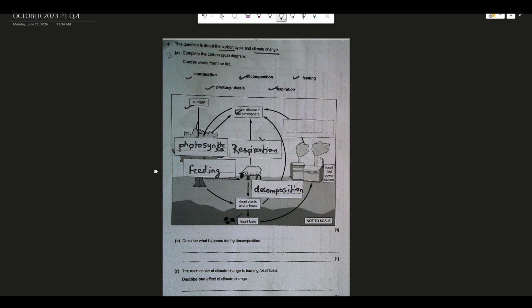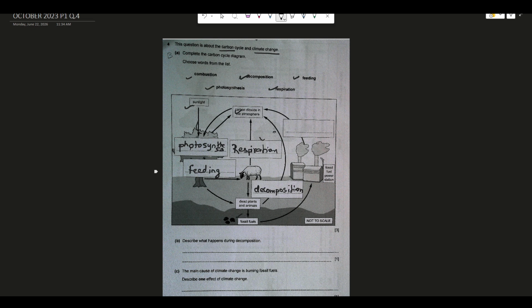So one way of adding carbon dioxide to the atmosphere is by respiration by the animals, and the other way is these fossil fuels. In industry these fossil fuels are used in the power stations, and they are used for combustion. So to create energy, they are burnt over here.